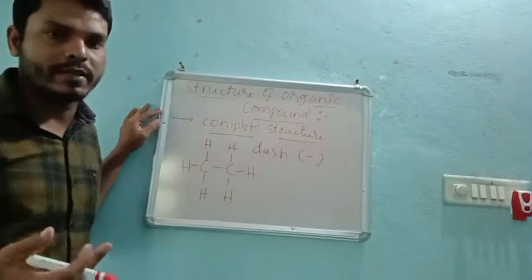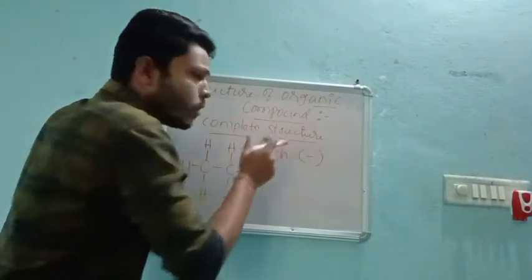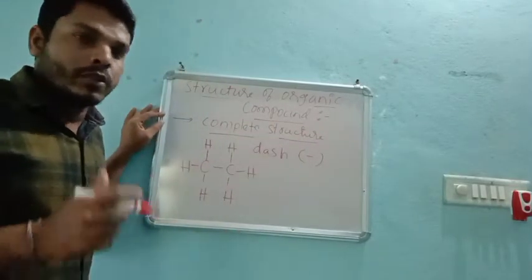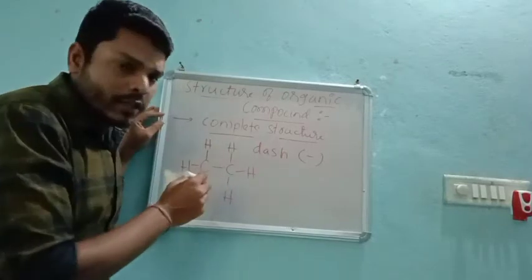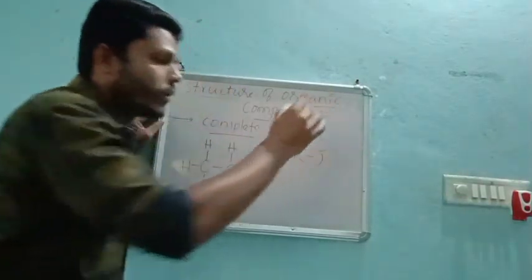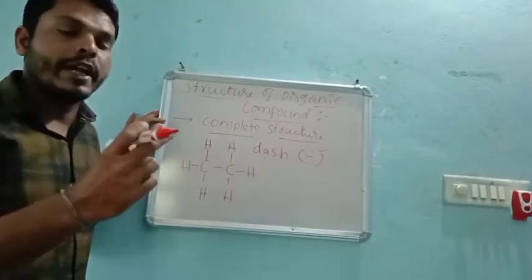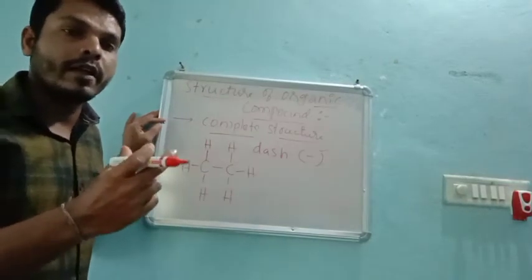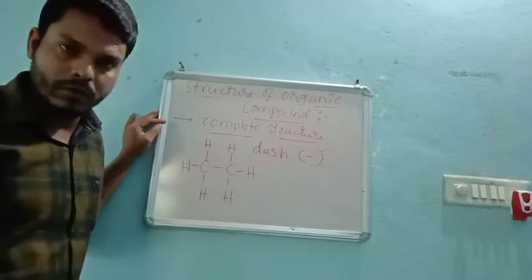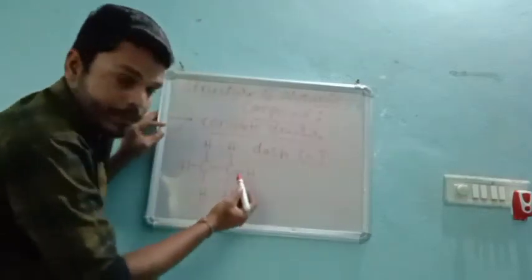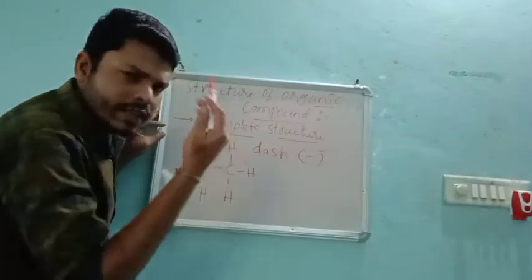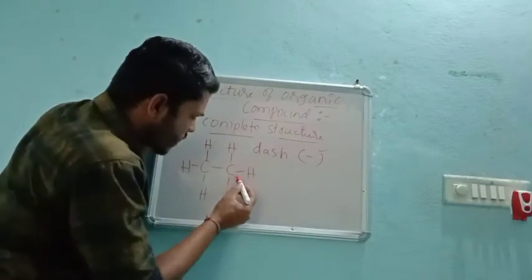What is a complete structure? What does it explain? To write the complete structure, what do we have to use? We have to use a dash in between any 2 atoms present in a molecule or a compound. Consider any 2 atoms, carbon and hydrogen.